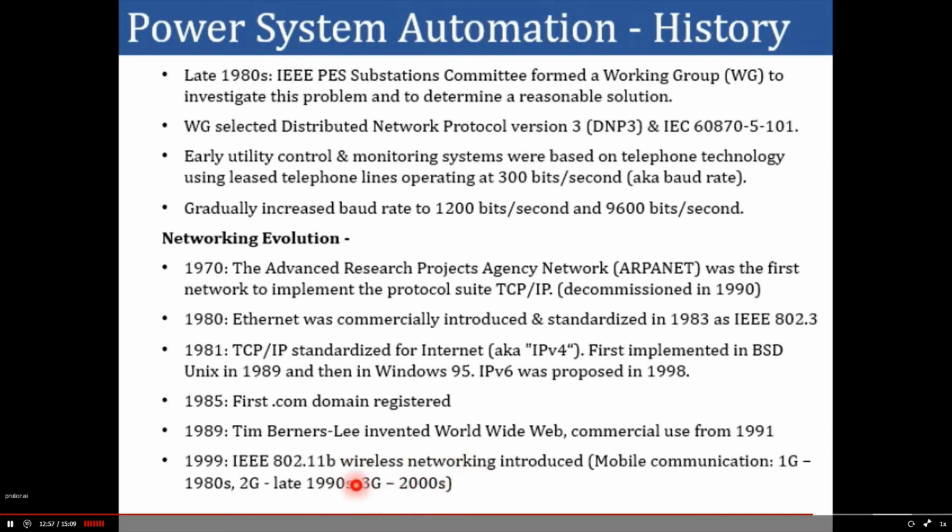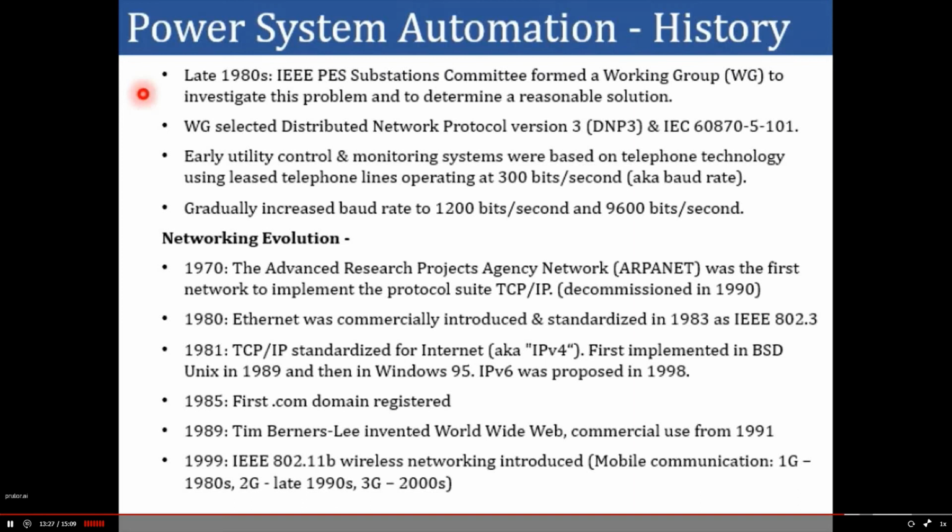So now you can see that we had a requirement for better power system automation from say 1900 itself, but the communication and the associated IT was not developed at that time. That's why analog computers were used at that time, and most of the work was done offline.